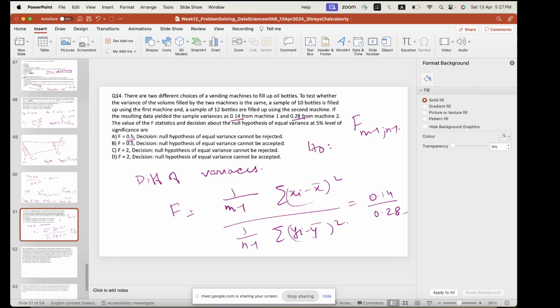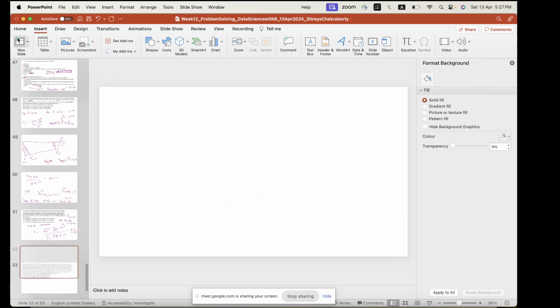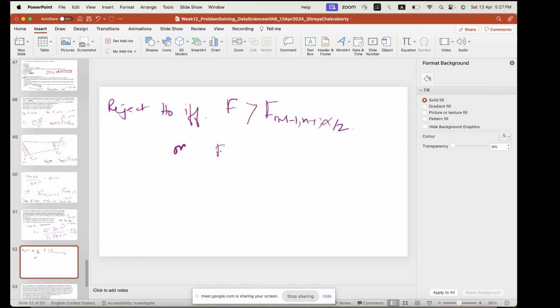So H naught is actually sigma A equal to sigma B and H1 is sigma A not equal to sigma B. So our rejection region will be reject H naught if and only if F is greater than F m minus 1 n minus 1 alpha by 2, or if F is less than F m minus 1 n minus 1 1 minus alpha by 2.